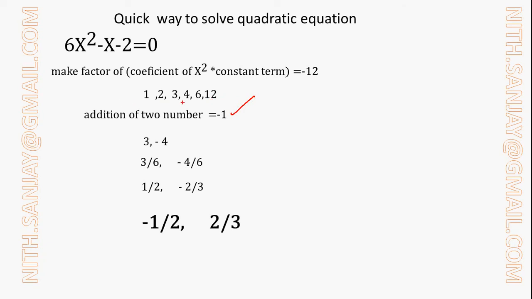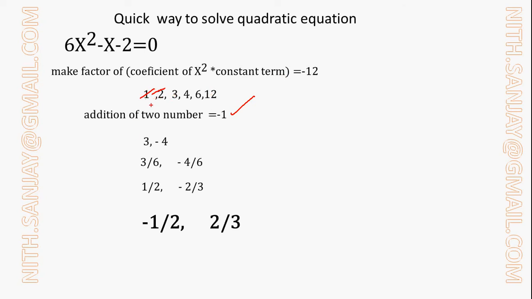Now we can take many numbers. Let us say I will take 2 and 1. If I take 2 and 1, its product will never be 12. So rejected, straight away rejected. I can take 1 and 3, its product can never be 12.